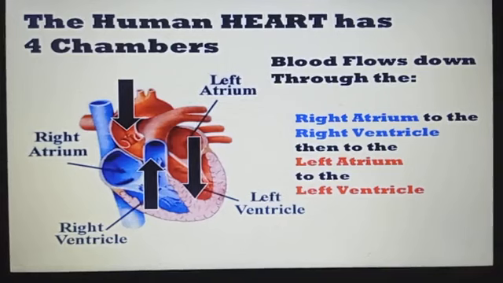The upper two chambers, which are smaller, are called atria, auricles, or atrium, and the lower two chambers are bigger and they are known as ventricles. So the blood flows through these chambers. The right atrium to the right ventricle, then to the left atrium to the left ventricle.